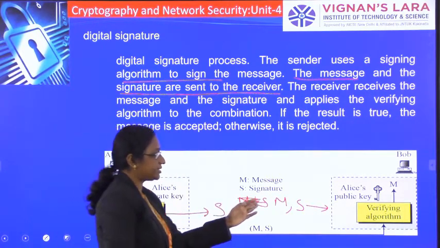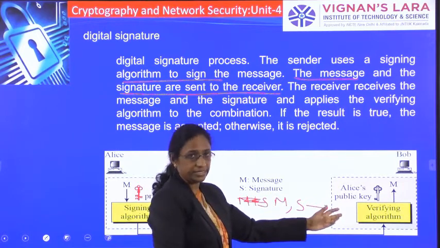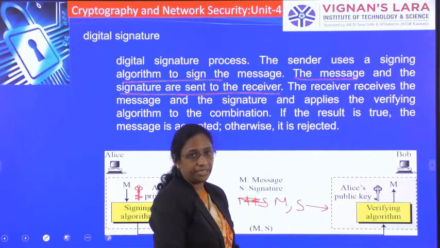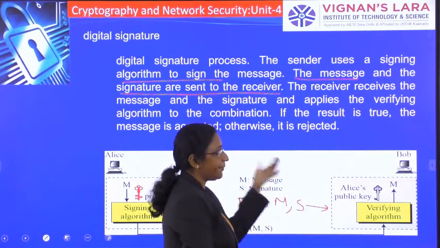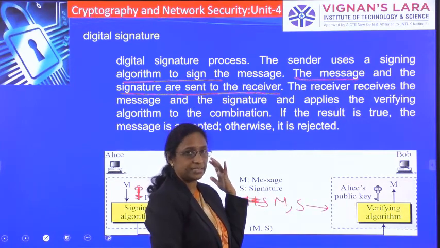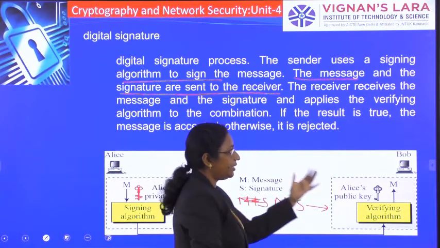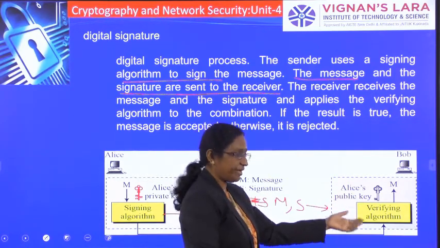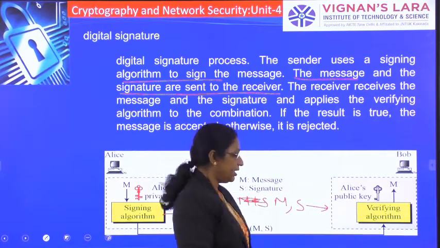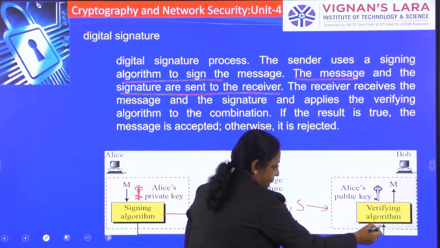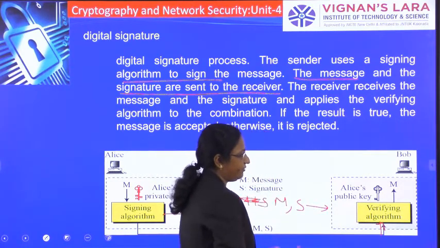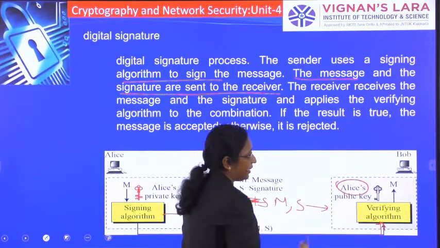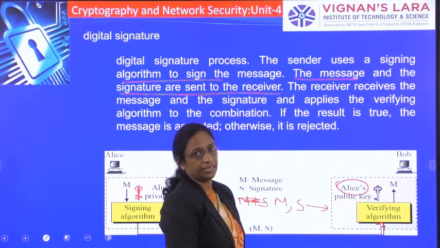The receiver uses the public key of the sender, that is Alice. So Bob will be using the public key of Alice in the verifying algorithm.